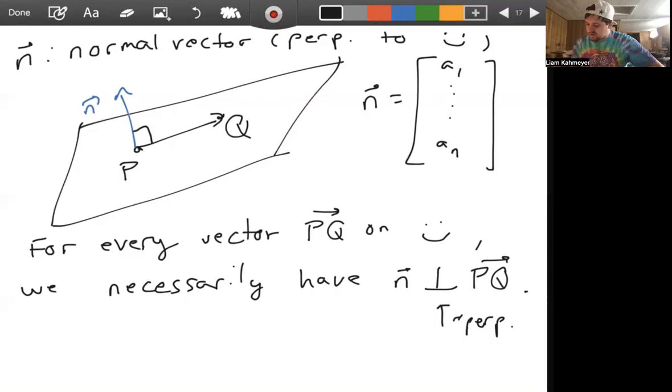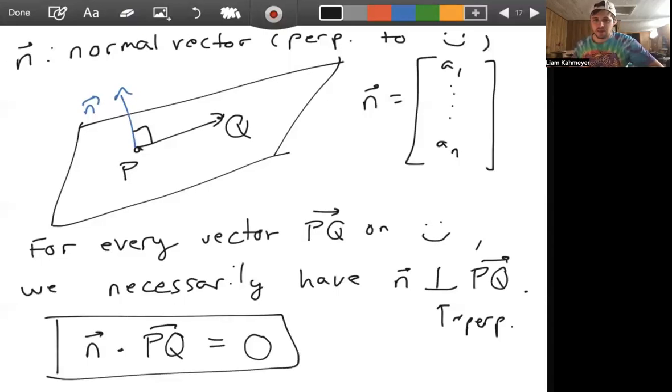They must be vectors PQ such that the dot product of your normal vector with PQ is 0, right? If these are truly perpendicular, then it's forced to have a dot product of 0 with the normal vector. And this uniquely determines a plane. And this is called the vector equation of the plane.